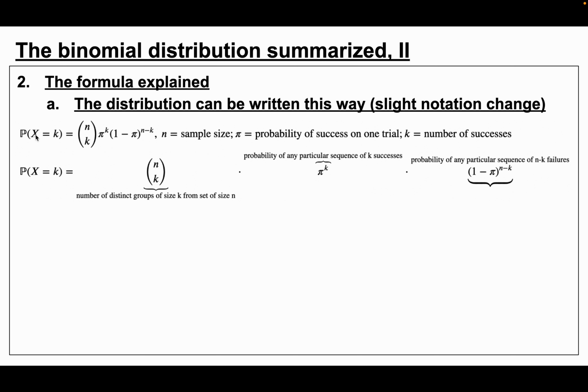It says that the probability that the random variable x, which we use to denote just the number of successes in a general sense, being equal to some actual realization k, so say 10 or 20 in a sample of size 100, is equal to the following. It's equal to n choose k times the probability of success on a single trial to the k, times the probability of failure on a single trial, which logically has to be 1 minus the probability of success, to the n minus k. N is our sample size, k is the number of successes, pi is the probability of success on one trial.